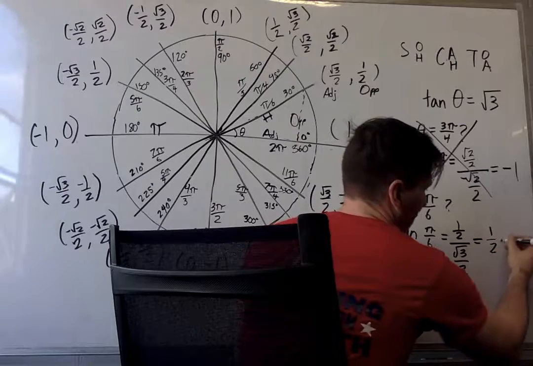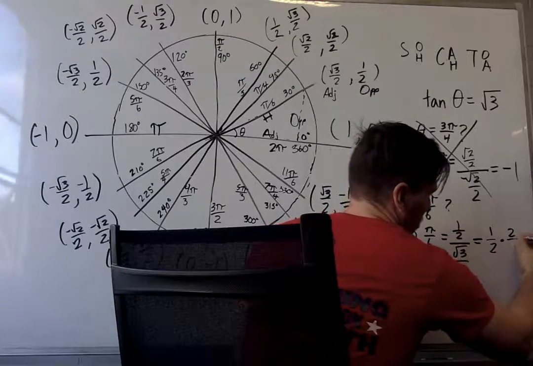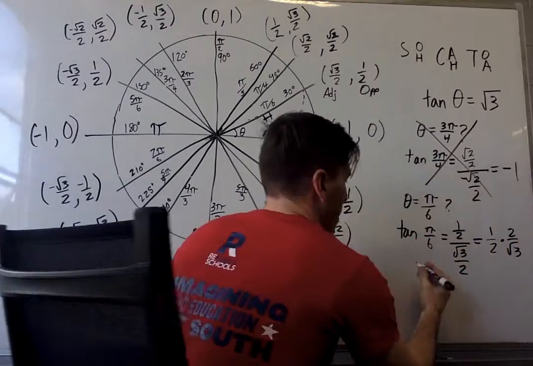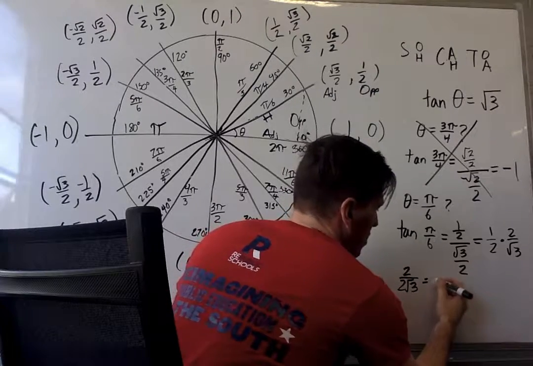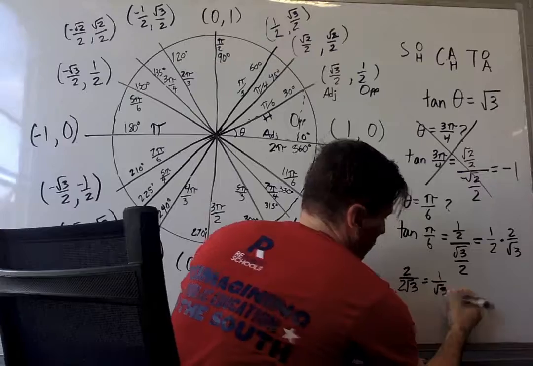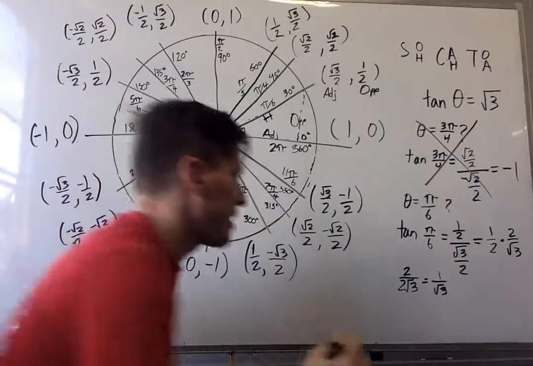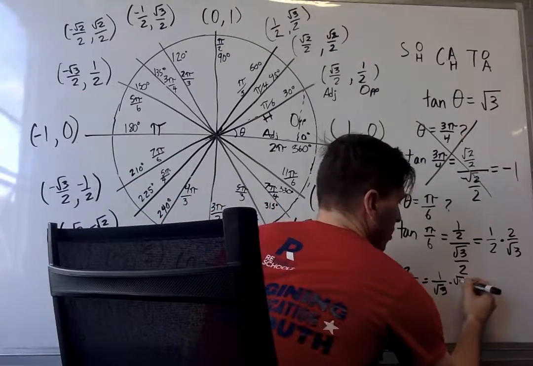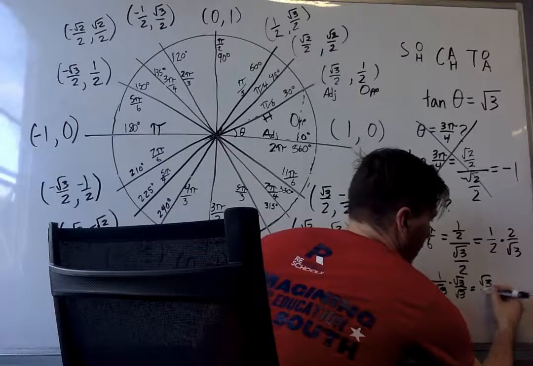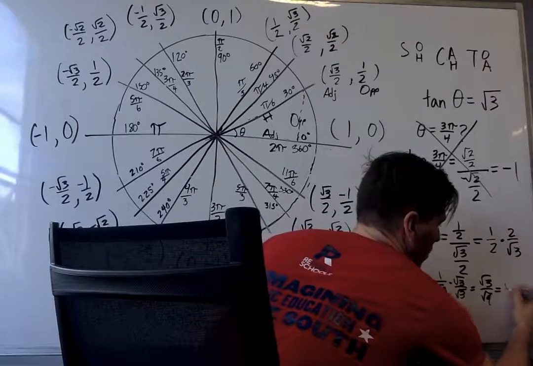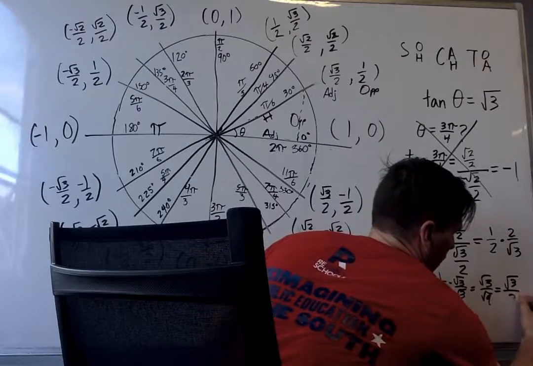It's going to be 1/2 dot, and this upside down, so that'd be 2 over rad 3. Multiply that all together, I get 2 over 2 rad 3. The 2 is reduced, so I get 1 over rad 3. I'm going to rationalize that, which you guys are really good at doing, and I get rad 3 over rad 9, which is rad 3 over 3.